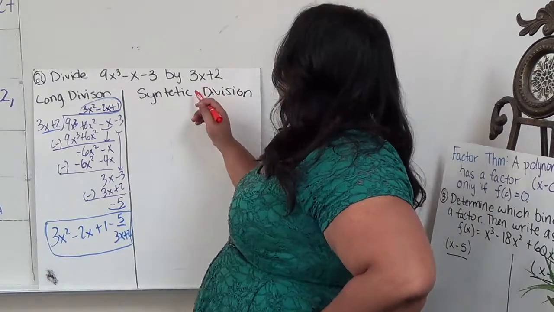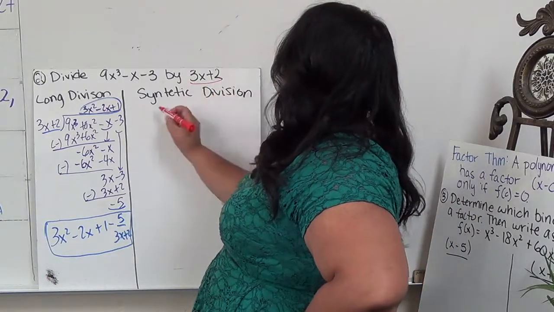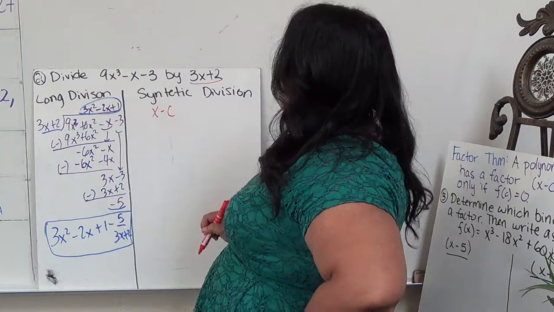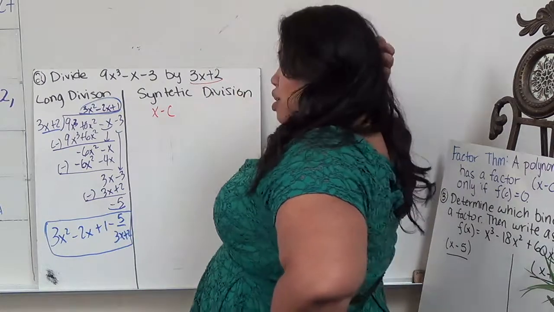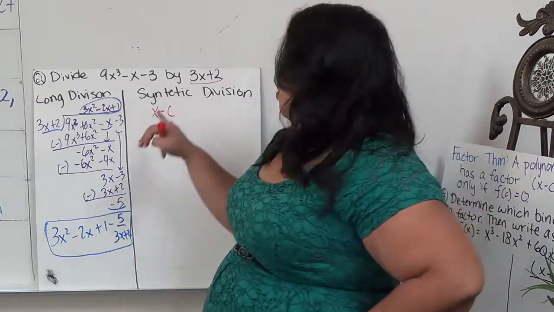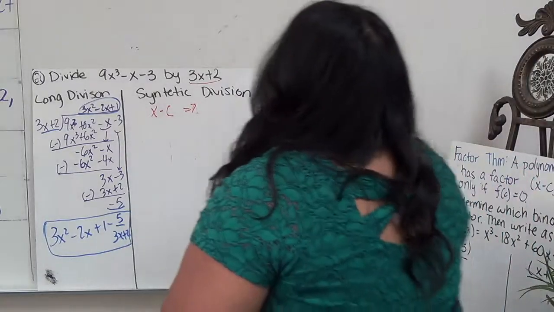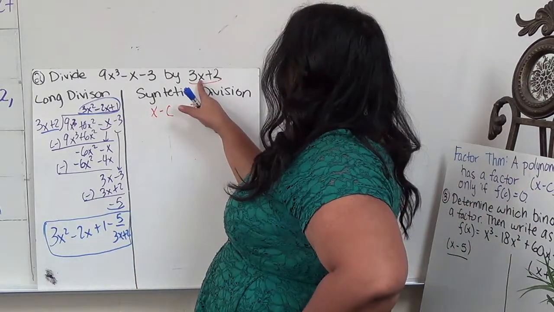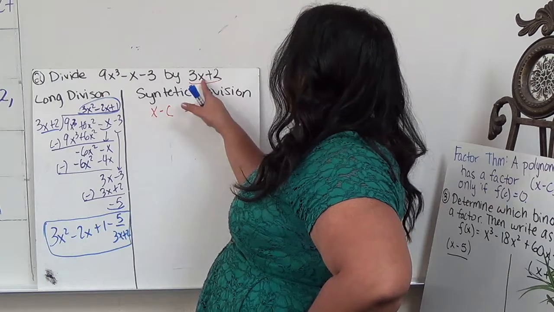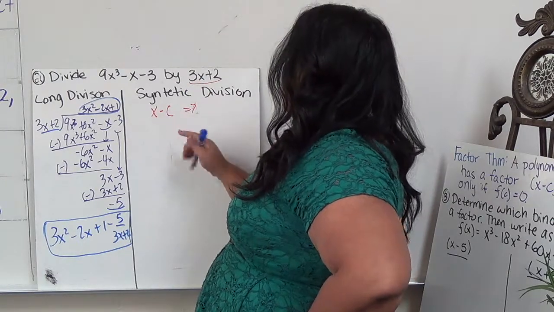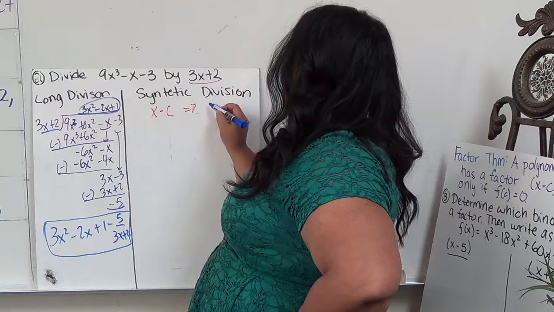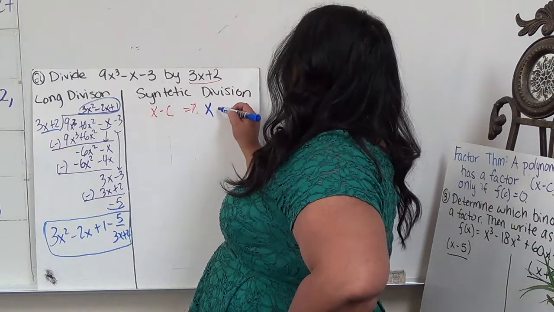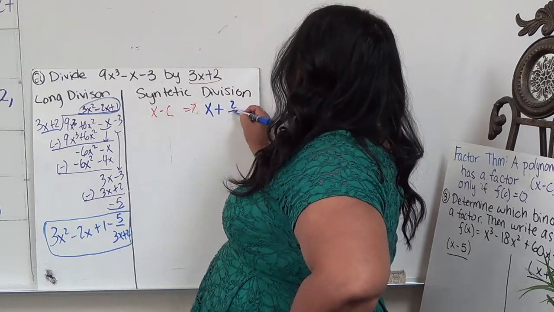The synthetic division requires me to change this into an x minus c situation so that I can take c. I'll show you what to do with c, but I first need to find it. So I need to manipulate this so it looks like x minus c, basically x by itself and then minus whatever it is. If I divide by 3, I end up with x plus 2/3.